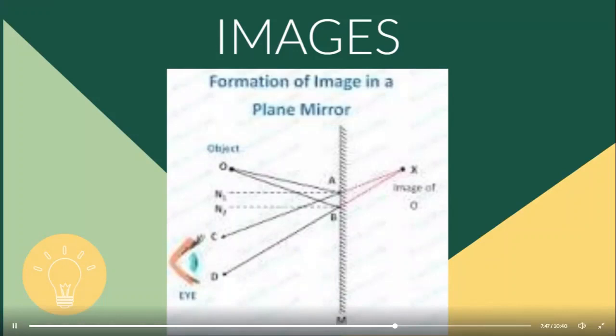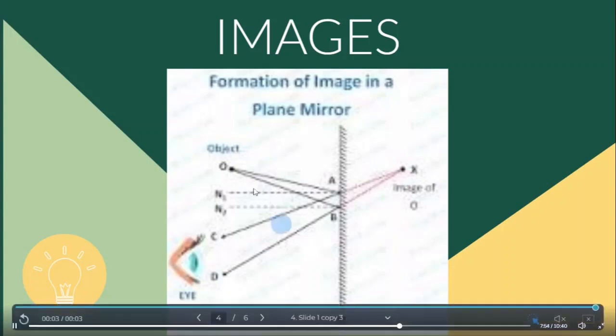We don't see nothing. We still do see our reflection in the mirror. Why is that? This is because even though they're diverging away from each other and not actually intersecting in front of the mirror, if we extend the reflected rays, they're going to meet at a point behind the mirror, and this is where the image is formed. And this image is erect.